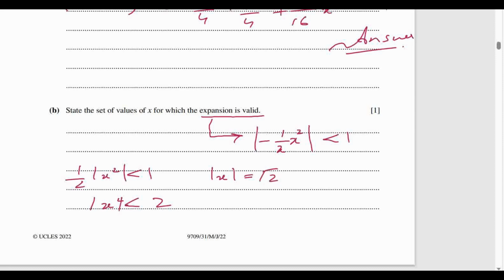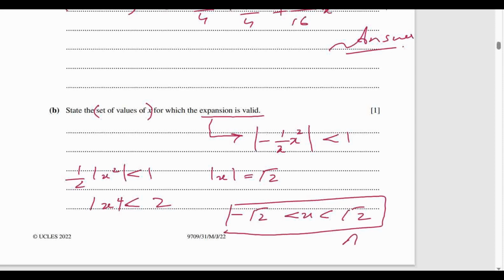So square root of 2 means that we will have positive values. So x की हमने set of values बतानी है. So set of values should be negative square root of 2 से लेके positive square root of 2. So this will be the final answer.